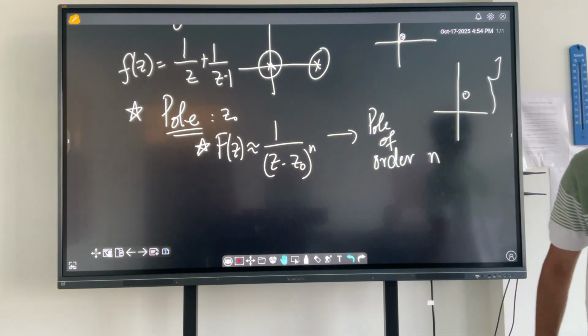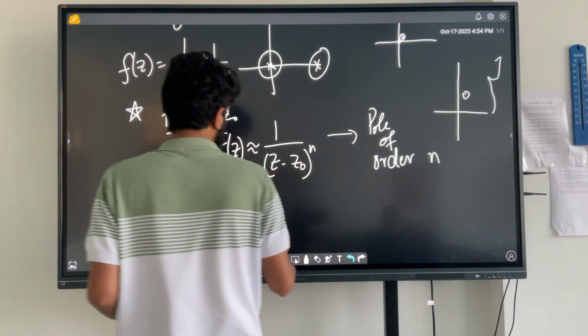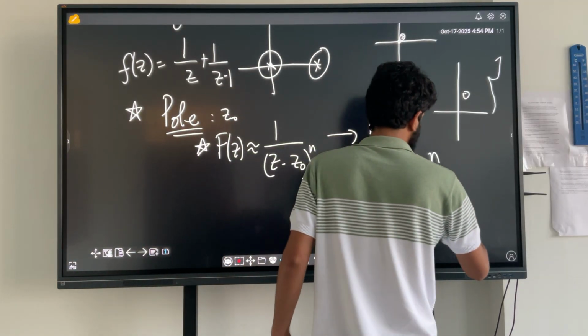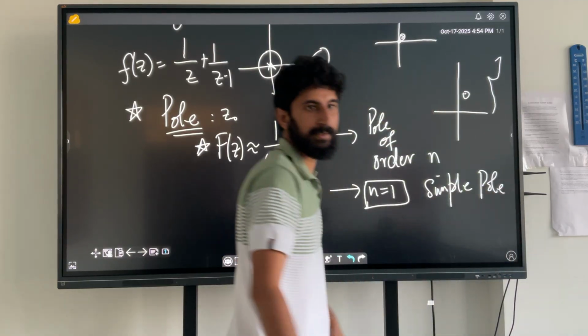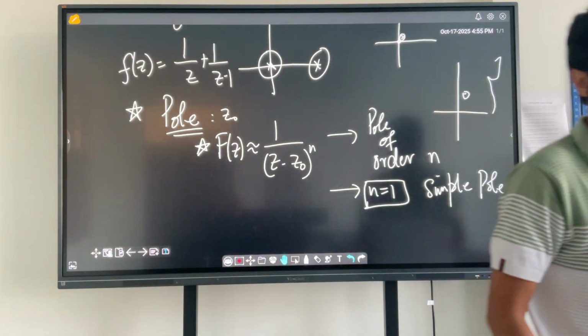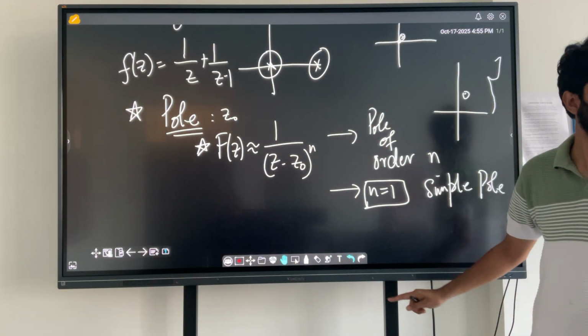When n is equal to 1, then it has a separate name, it's called a simple pole. Is it fine? Yes. Simple pole, right? So we'll know what kind of non-analyticities can come. Okay, this is one.